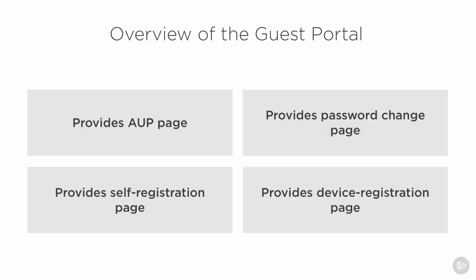Or they could say, I've lost this device, and let us know that it's lost, and then we can put that device on a blacklist. So that's the guest portal. And so those are the portals, and more portals that we'll work with as we set up guest access in Cisco ISE. Now, let's move on now to configuring guest access.